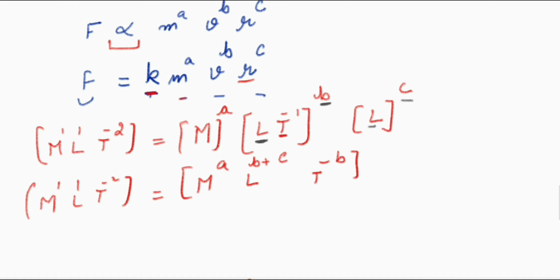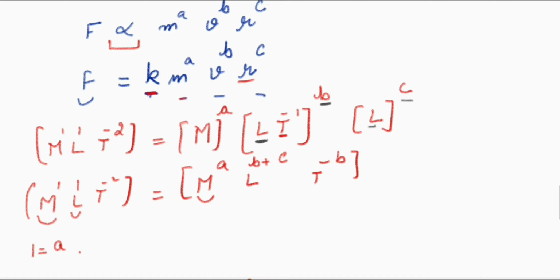According to the principle of homogeneity of dimensions, the dimensions of M, L and T have the same powers on both the right hand side and the left hand side. So we can compare the powers of M, L and T. Here the power of M is 1, and on the right the power of M is a, so 1 is equal to a.